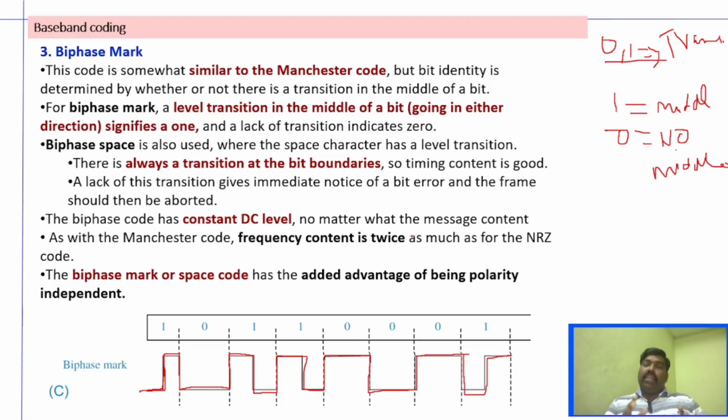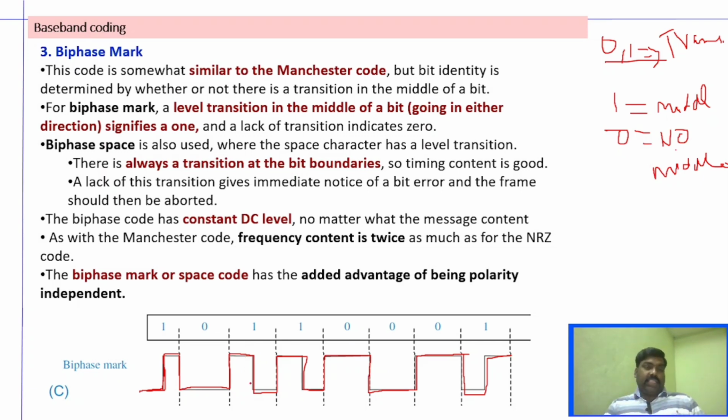Understand it very clearly: for 1 you will have two transitions, and for 0 you will have only one transition at the start of the bit. Like that it continues.